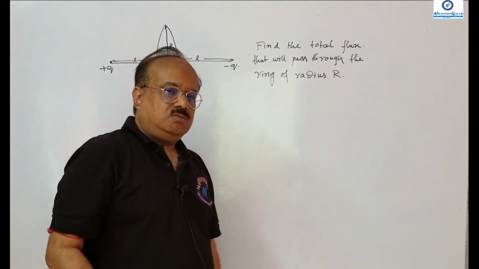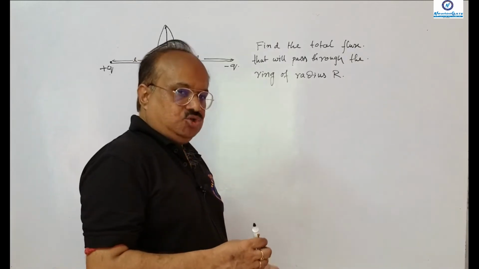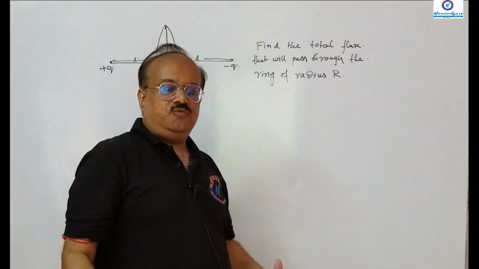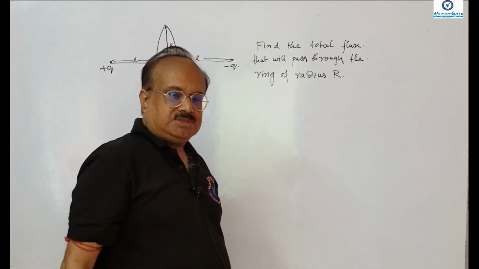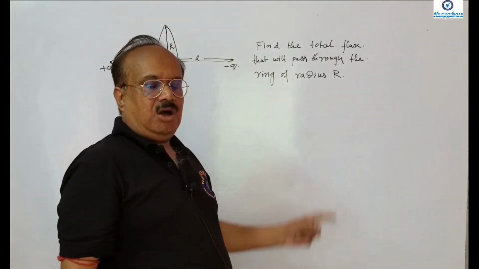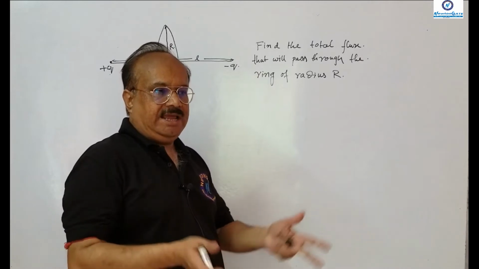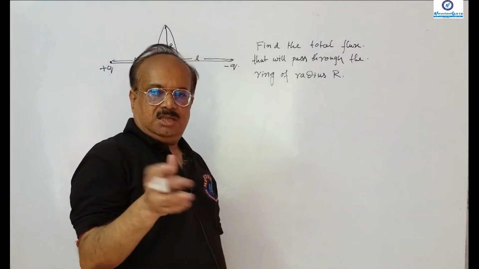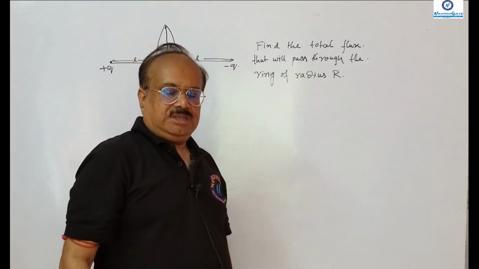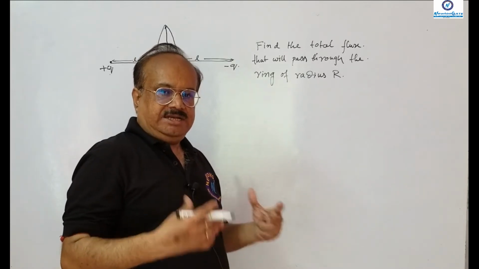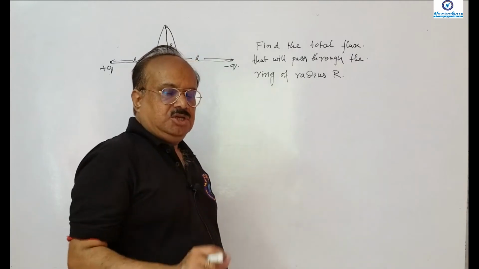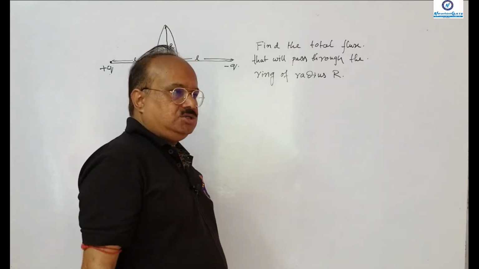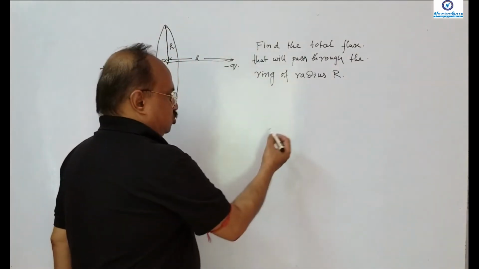I am showing you this because it will be very useful in many problems. You can check how the apex angle, the conical angle, and the solid angle are connected with each other. For that I need a small derivation.